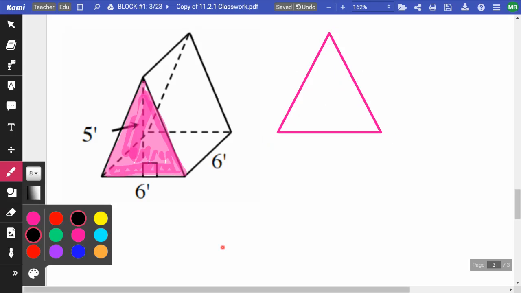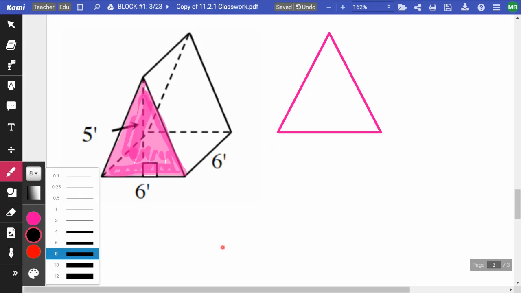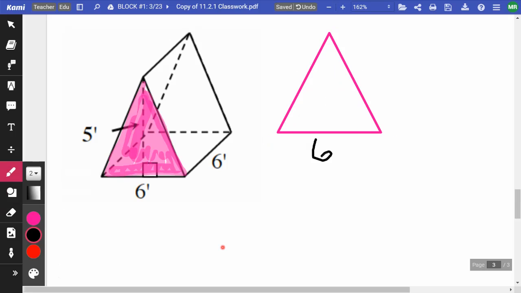This is 6, and this height right here, straight down, is 5. So when I'm trying to find the area of this triangle, I'm going to take my base times my height divided by 2, which is 15. So I know the area of my triangle is 15.